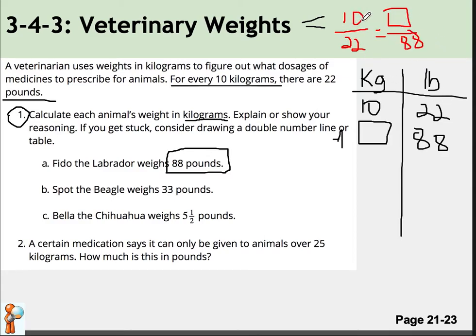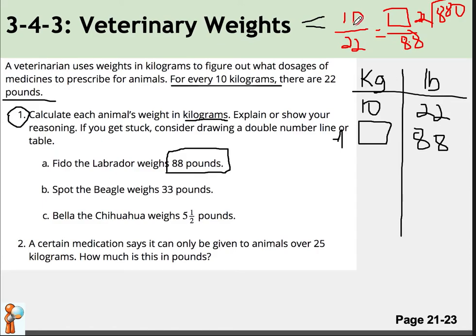Now, so we have 10 times 88, which is 880. Just got to add that 0. And then you're going to divide that by 22. I want you to notice something.